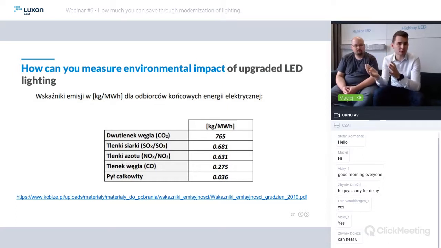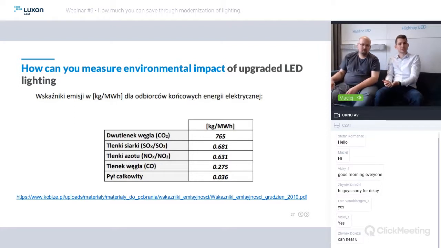And let's say Poland produces like 80-90% of the energy from coal. Germany, or let's say France, uses a lot of nuclear power. And Germany uses quite a lot of photovoltaics and wind energy right now. So you have to really look at the structure, how the energy in each country is produced, and then take the average calculation for the particle emissions into the environment.